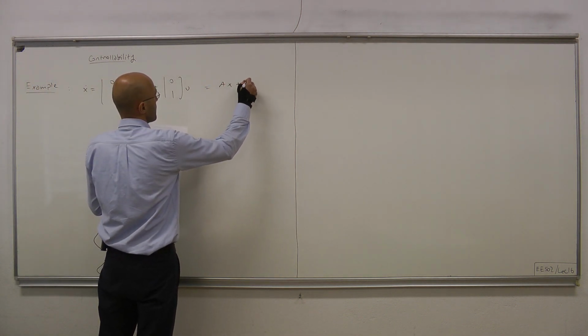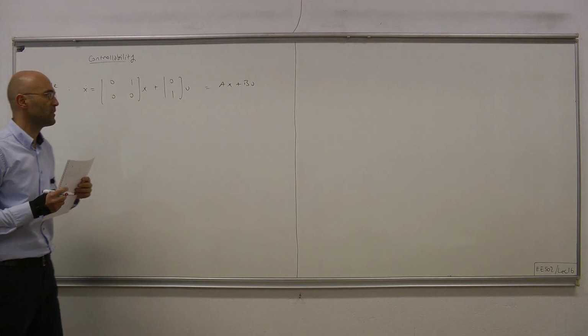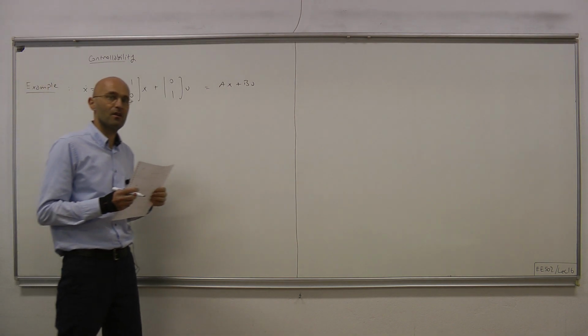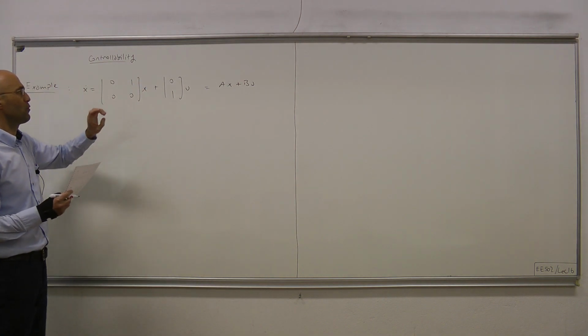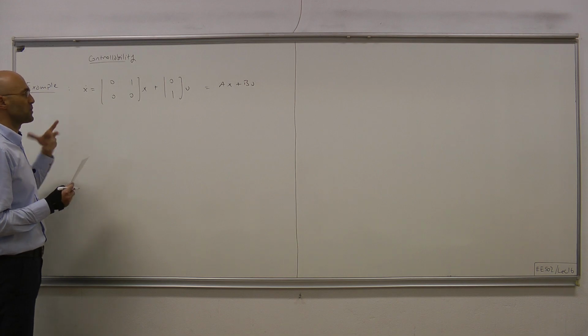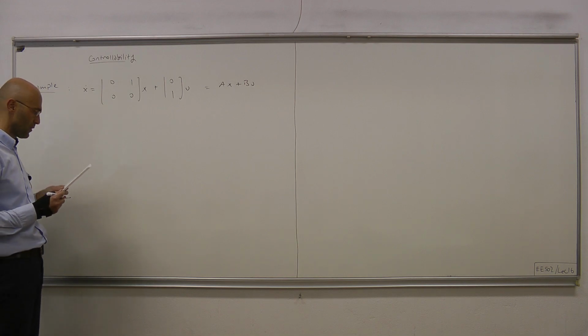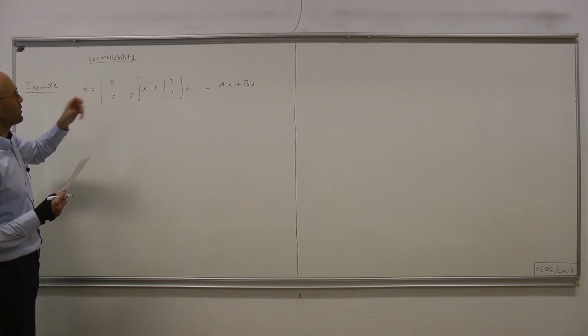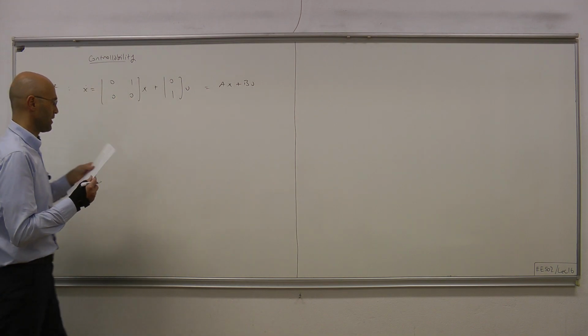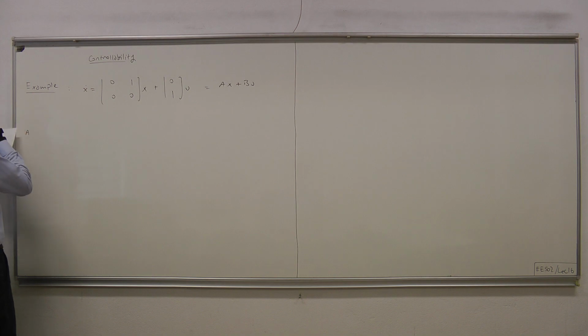And controllability has nothing to do with the output part, y equals Cx plus Du. Therefore, we're going to concentrate on this piece of the linear system representation. Now, let's try to visualize these dynamics. And here is one possible way.